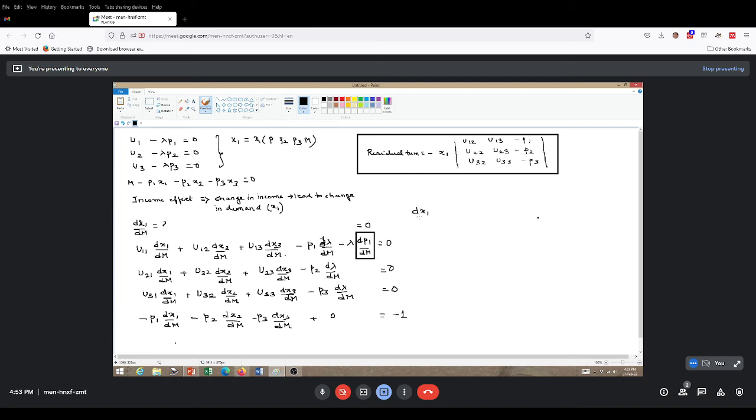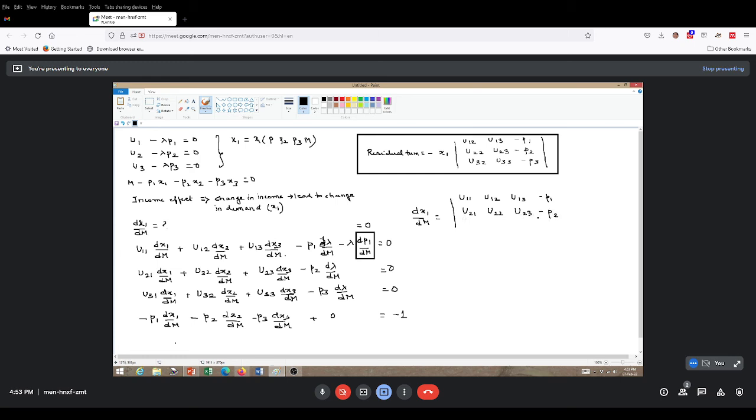So what is this dx1 by dm? It is simply, you will see it is basically the same term, or almost the same term. Sorry, what I'm writing is actually the numerator.